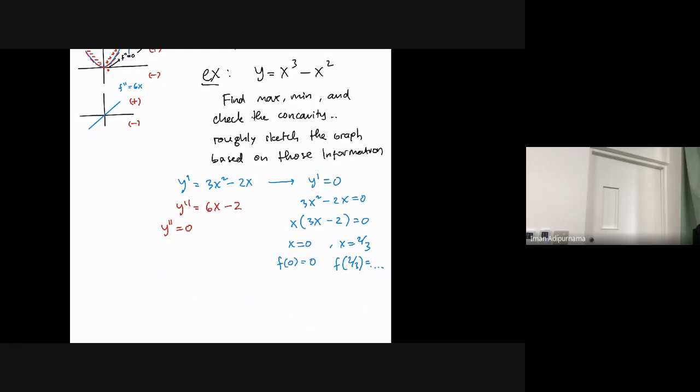The first derivative test is for checking critical points, and y double prime equals 0 is the second derivative test, checking the concavity.